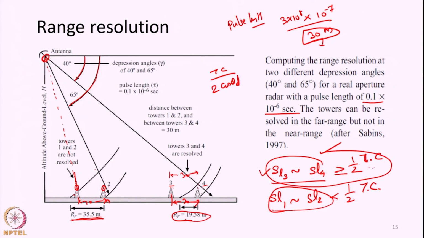But in our example, towers 1 and 2 are separated by a horizontal distance of 30 meters. Hence, most likely they will form part of the same pixel and will not be resolved independently.